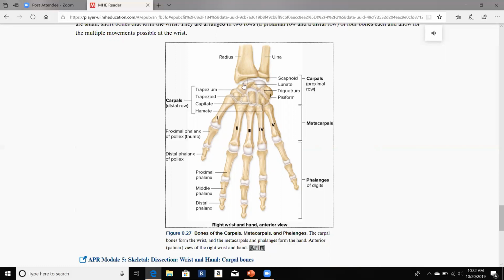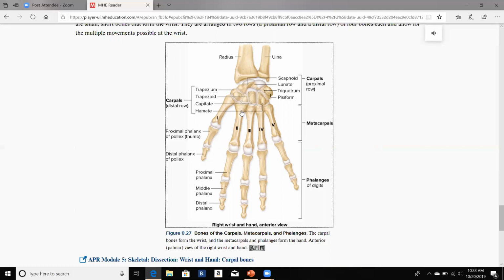Okay, so here you can use the mnemonic straight line to pinky. Here comes the thumb. So straight line to pinky, and then here comes the thumb.